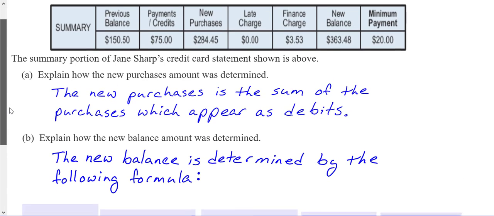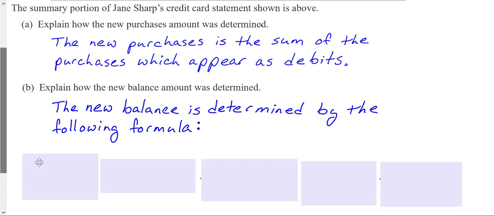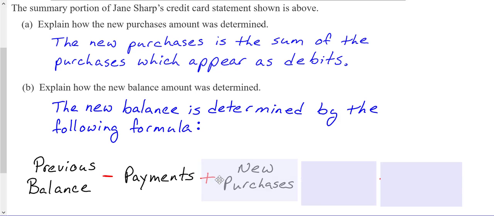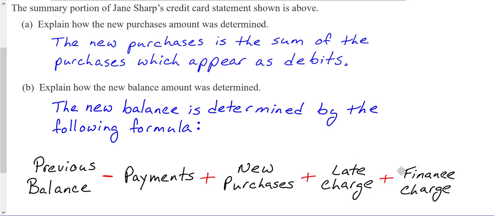So what you would do is you would take the previous balance minus any payments that you made. You would add in any new purchases amount that you made, any late charge, and you would also add in a finance charge.